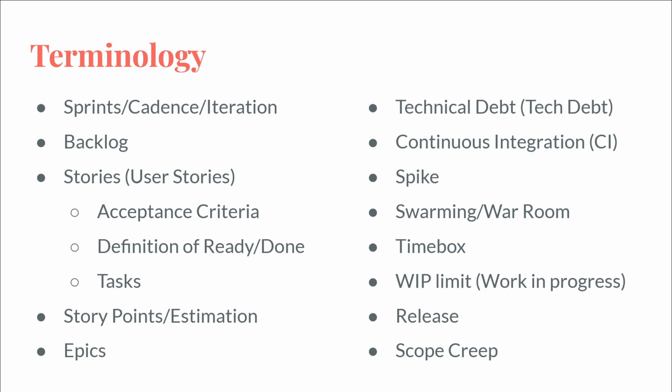Other things that you may find in a user story or in your tickets are acceptance criteria. Sometimes this is written out by a product owner or a project manager, and they will write out and say, here is the new feature, and here is the stuff that needs to actually be finished for this.